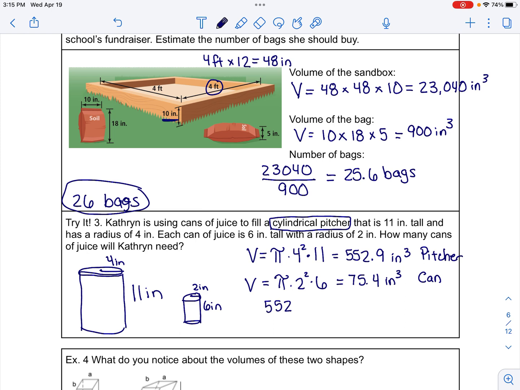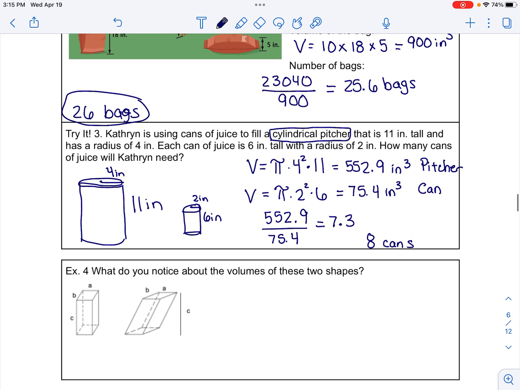So 552.9 divided by 75.4 in each can comes out to about 7.3, but again, they round it to about 8 cans, I guess. 8 cans would overflow it then. So we might have to go 7 there. I might double check that one.